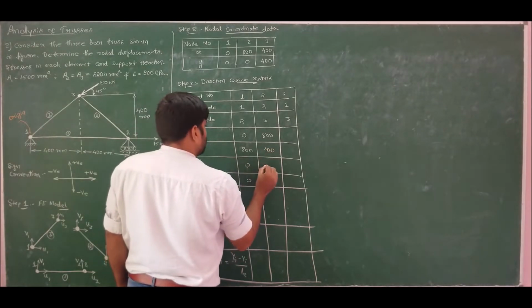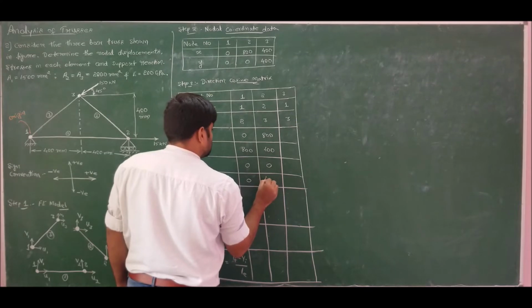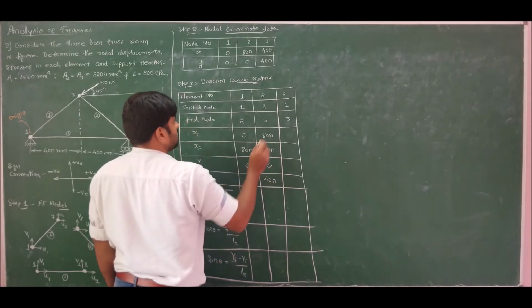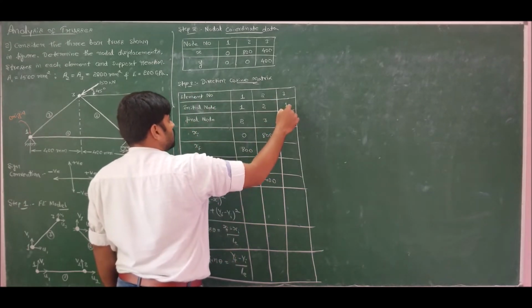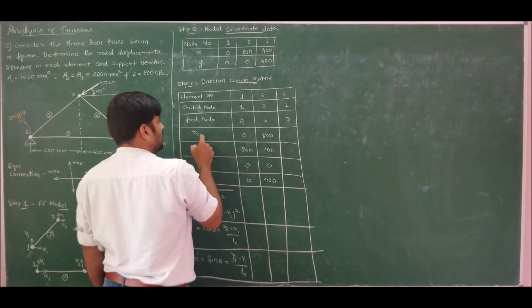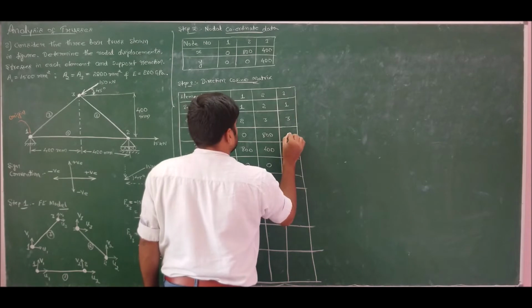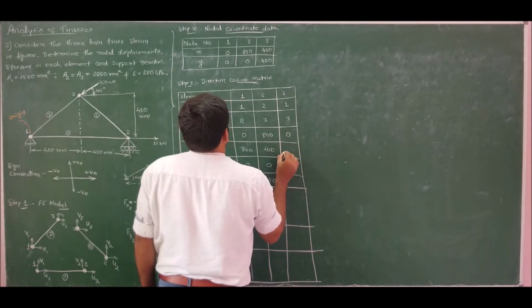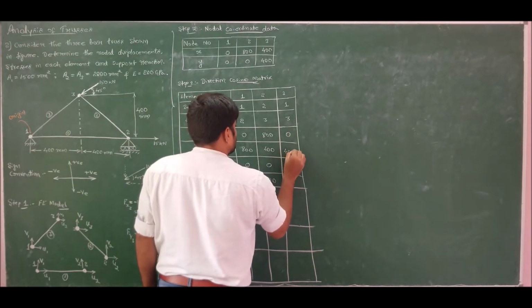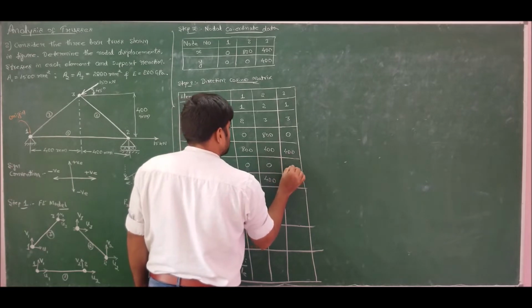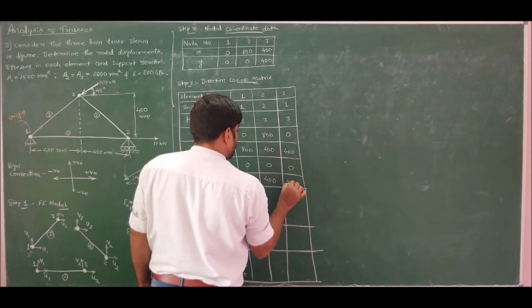Coming to y2, y2 is 0, y3 is 400. For element 3, the node numbers are 1 and 3, so I should read x1, x3, y1, y3. So x1 is 0, x3 is 400, y1 is 0, y3 is 400.